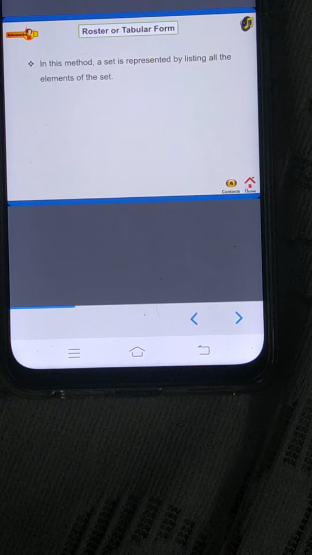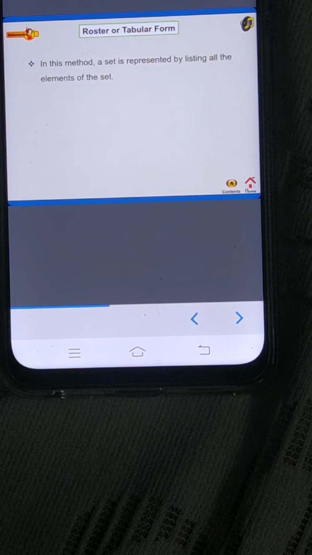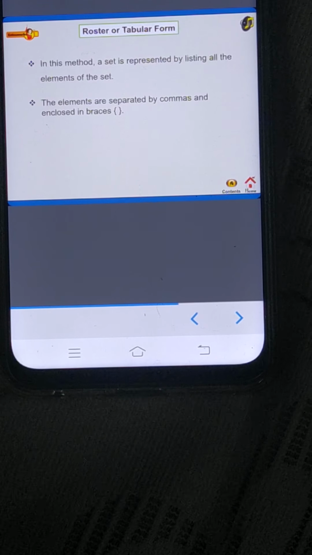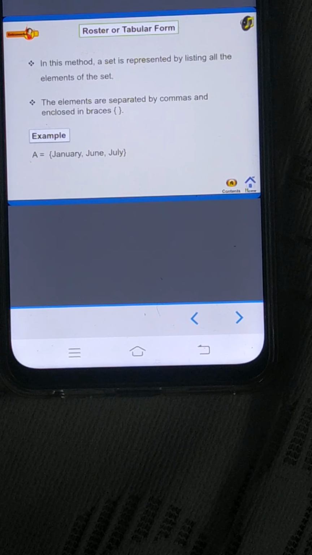In this method, a set is represented by listing all the elements of the set. The elements are separated by commas and enclosed in braces. Example, A is equal to, braces begin, January, June, July, braces closed.